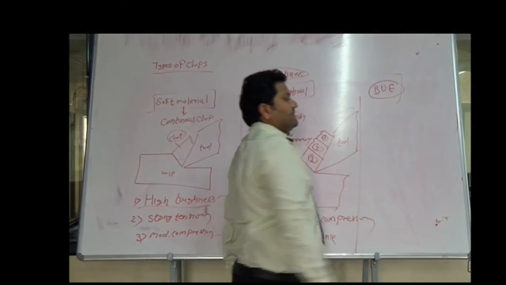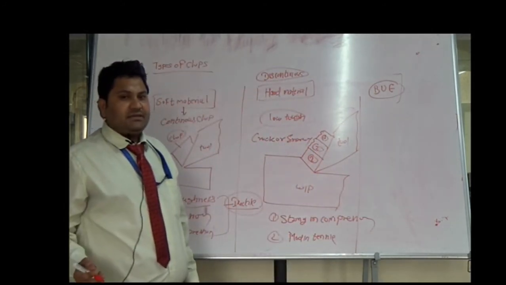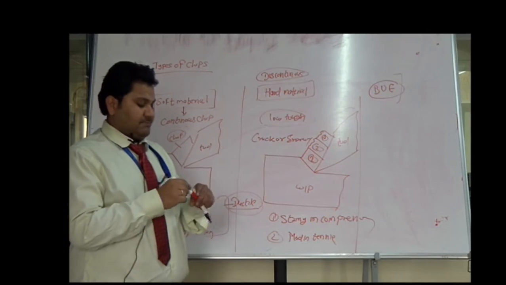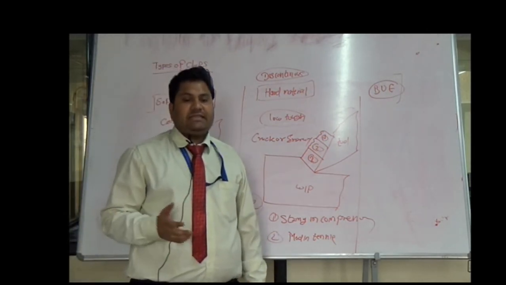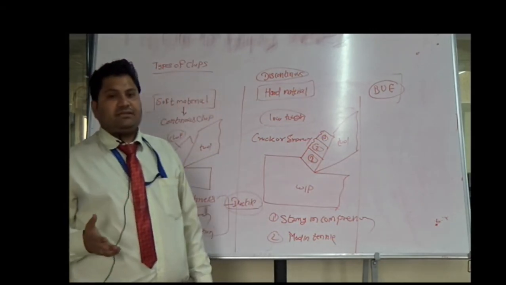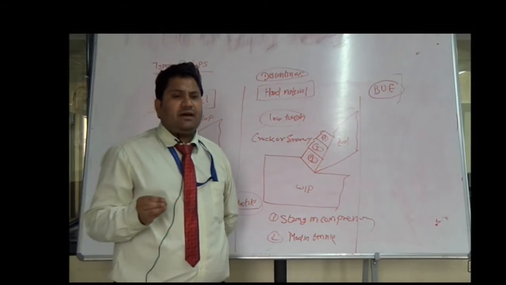BUE. What is this? BUE is nothing but built up edge. So what is this built up edge? During machining, a number of microchips, small particles of chips, are produced.